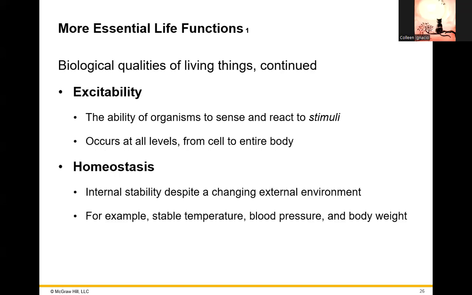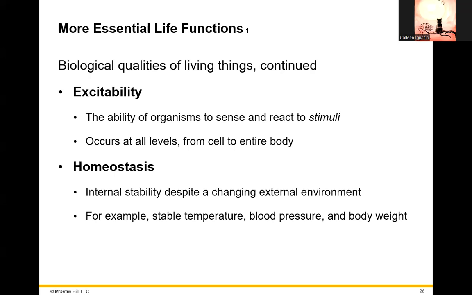When we think about living things, they also have excitability, meaning that they're able to sense stimuli and they're able to respond. And homeostasis takes place in living things, meaning the internal steady state. It doesn't matter that it's 25 degrees outside.